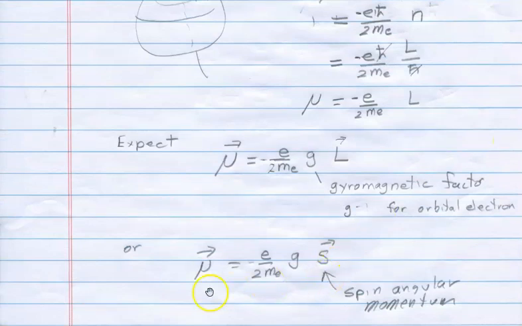And therefore the magnetic moment vector associated with an electron as a sphere is this with some numerical factor here. And S is an angular momentum, but is due to the rotation of this electron.